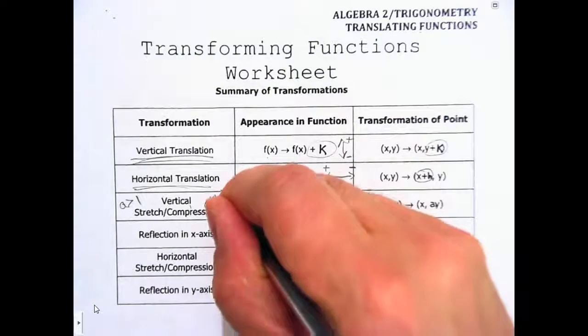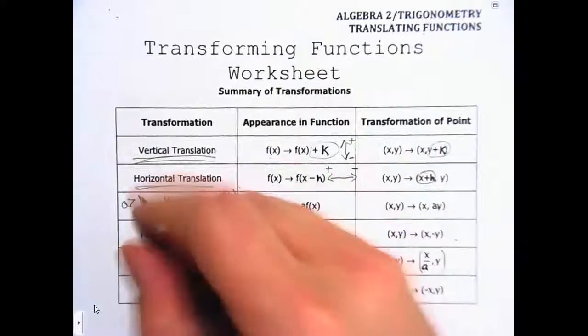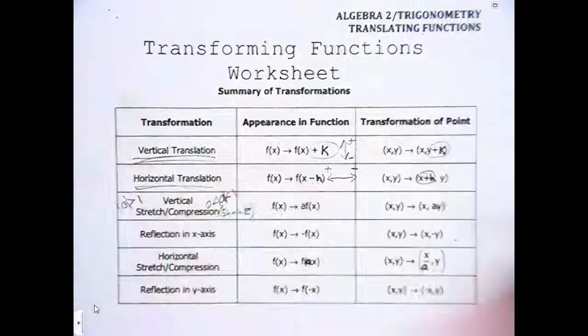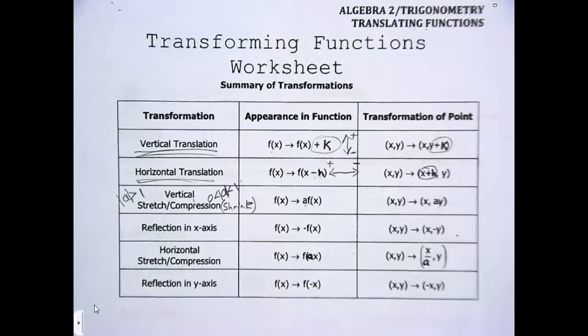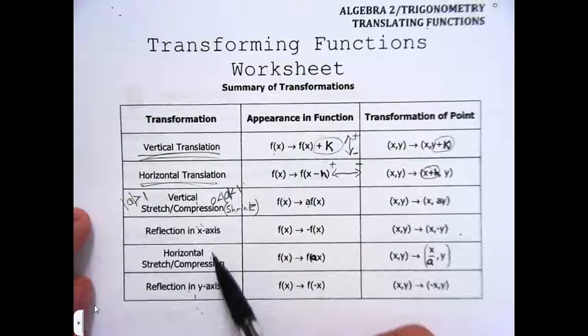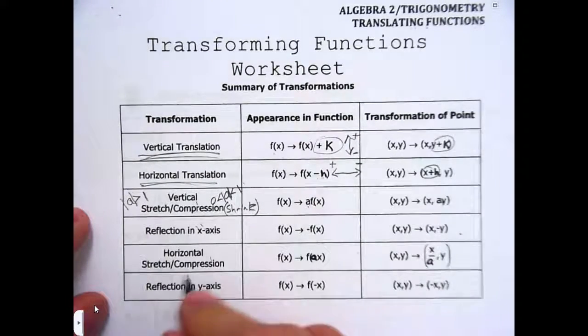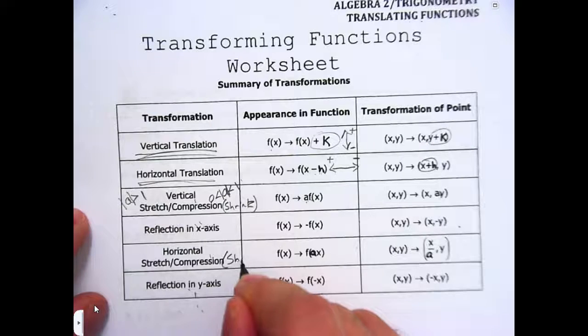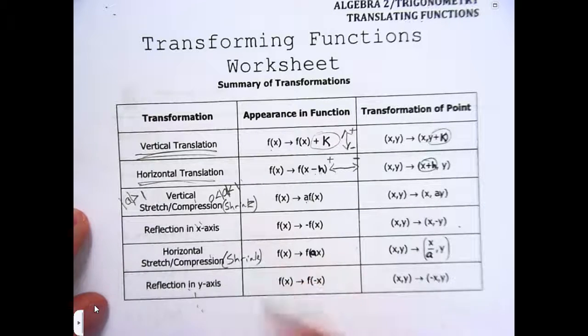Now I'm going to add some symbols there, and some of you are going to go, whoa, hold on, what are we talking about? That just means we consider the positive value for A, even if A is negative. We have not talked about the reflections, which we will here in a minute. We did talk about horizontal stretch and shrink. Remember, horizontal is inside.